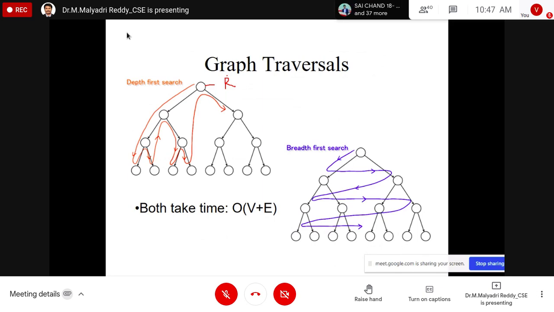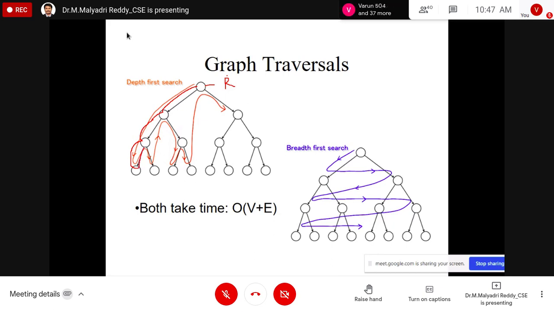Can you explain the meaning of DFS? Depth first search: first we start at the root. Consequently, we keep moving depth first, to the node, and again the left child if there is one. In this way we move.